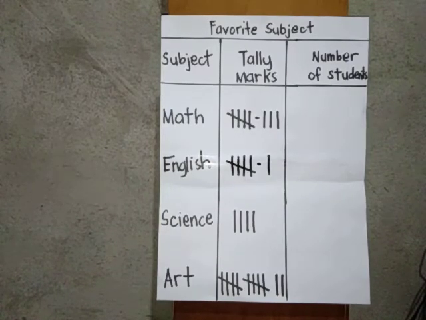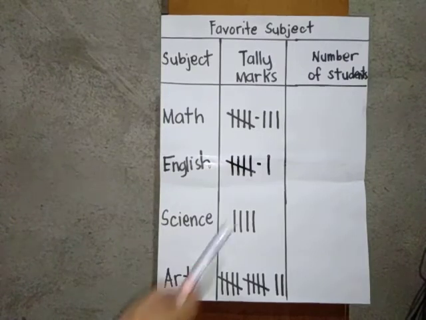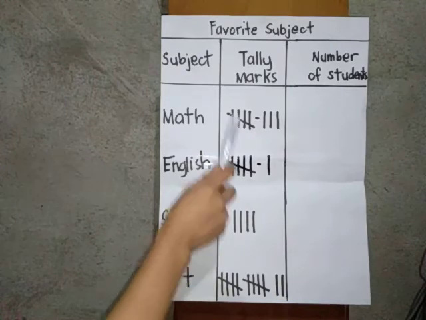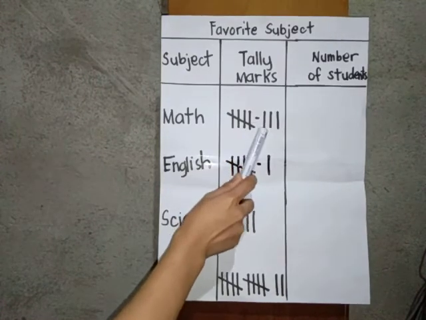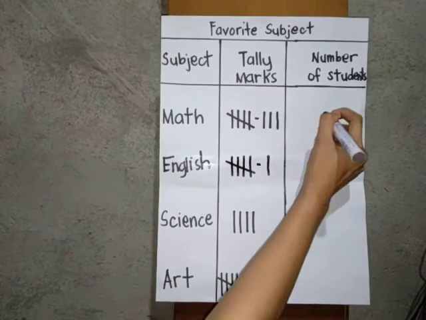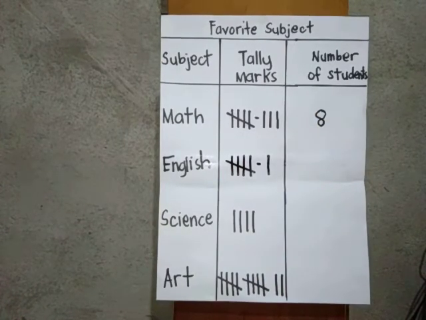In math, since each bar is equivalent to 1, if we count the tally marks for the math subject, it will be 1, 2, 3, 4, 5, 6, 7, 8. Meaning, there are 8 students that chose math as their favorite subject.